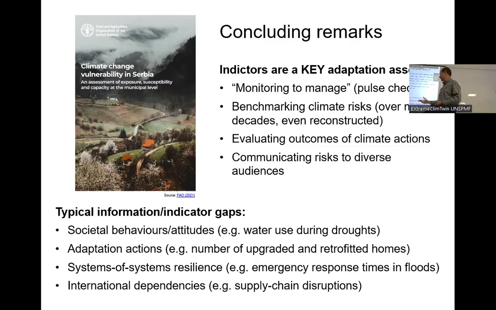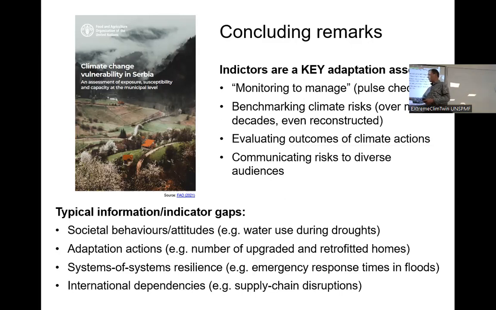We also have relatively little information on the actions being taken to adapt to climate change, such as finding really good data on the number of homes being upgraded or retrofitted to protect against flash flooding. These data are hard to obtain as well.